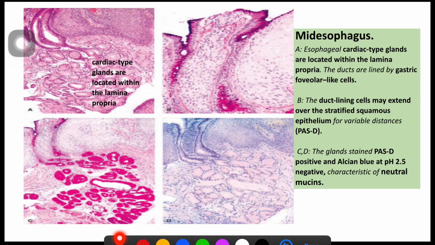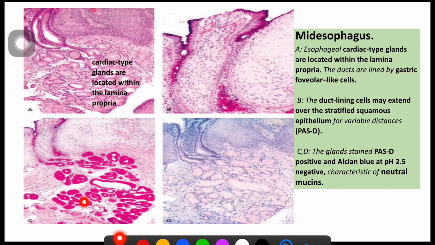Now here in this section, this duct is opening into the mucosa. This PAS stain slide shows PAS positive pink material in the duct lining cells. So these are the ducts opening into the epithelium.